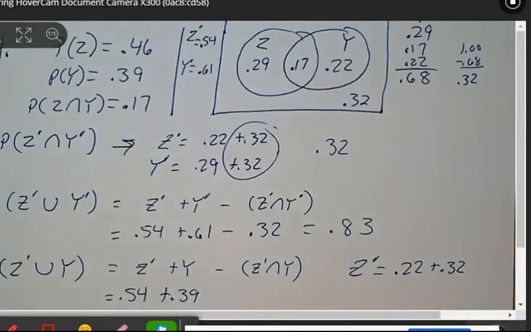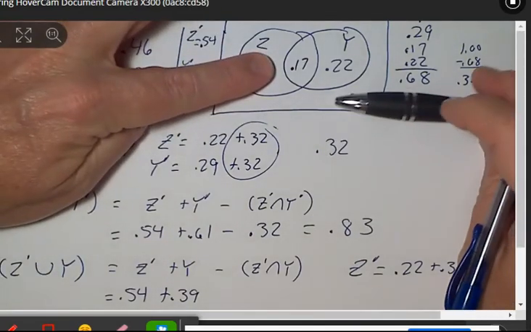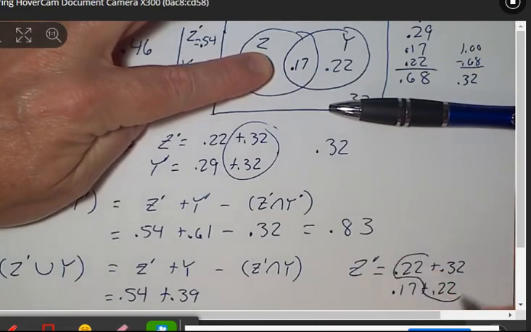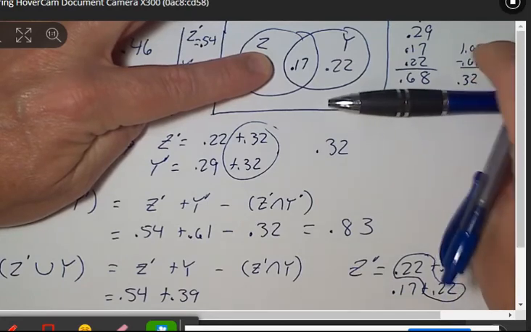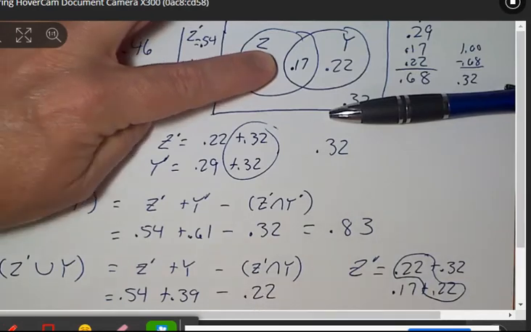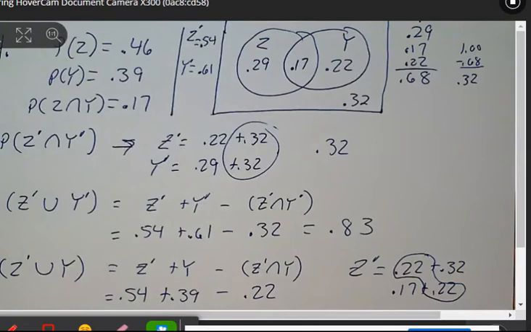And then the intersection with Y, well, Y is 0.17 and 0.22. So the one thing they have in common there is the 0.22. So that's the part that we have to take out. All right, and doing that part, adding everything together, that should come out to be 0.71.